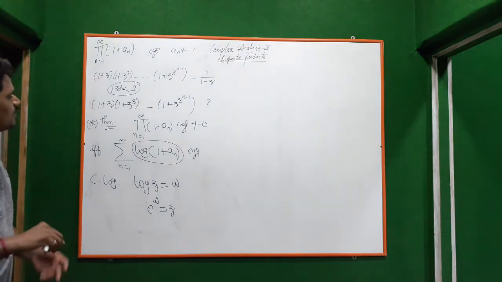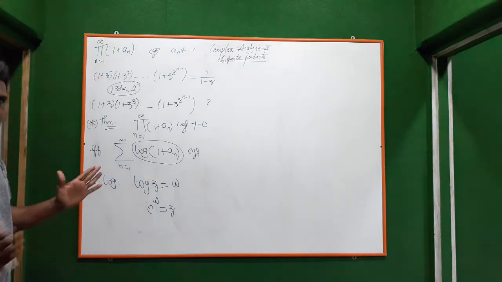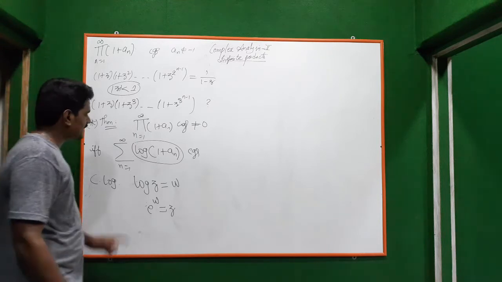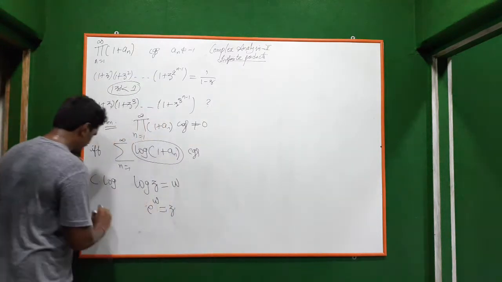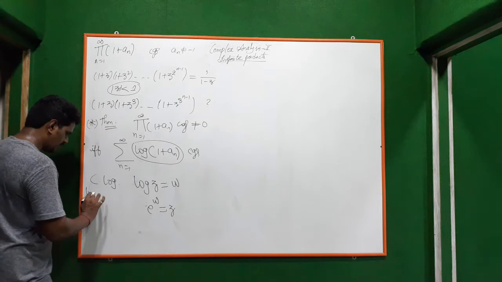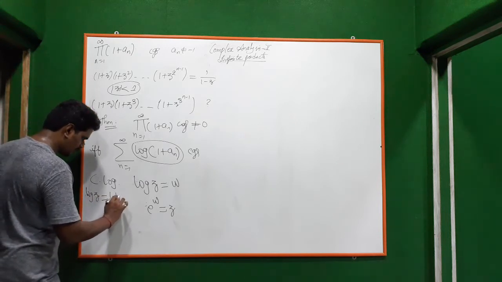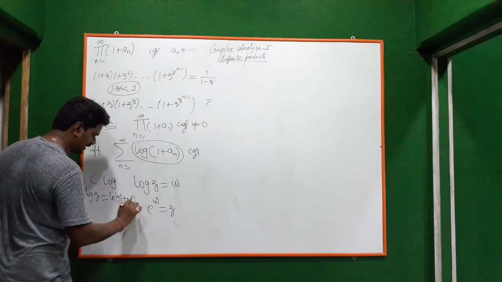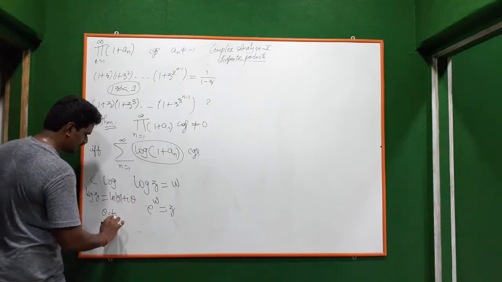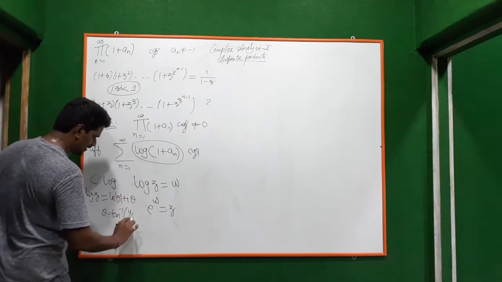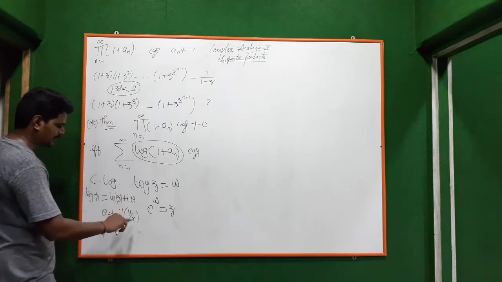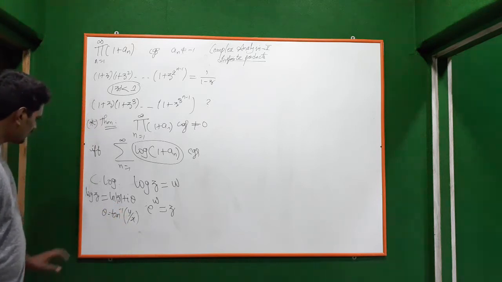So to make it single valued, we will restrict the interval. Without restricting, we will get log z as ln mod z plus I times theta, where theta is tan inverse y by x if z is equal to x plus I y.